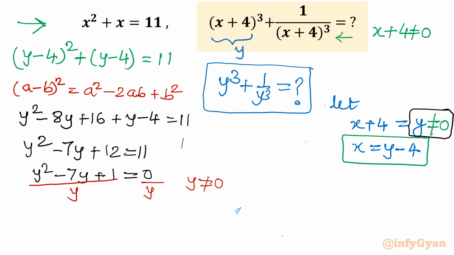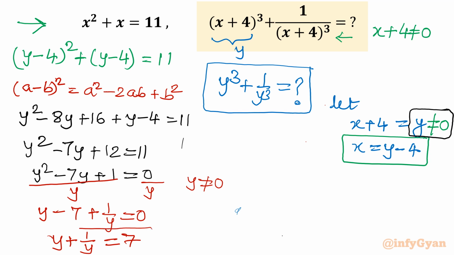Once I divide, our LHS will become y minus 7 plus 1 over y equal to 0, or y plus 1 over y equal to 7. This is a very important equation in the context of solving. So y plus 1 over y equal to 7.